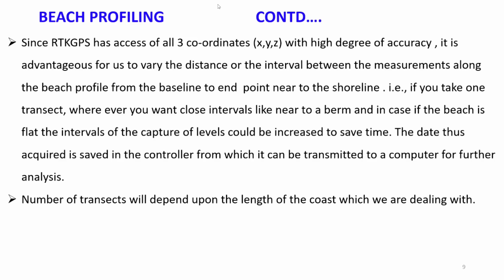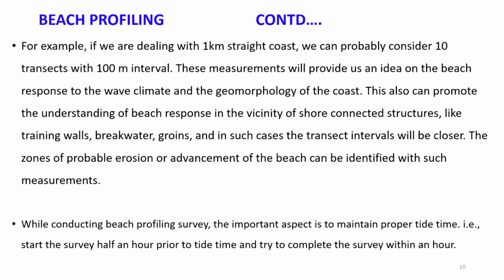The number of transects depend on the length of the coastline which we are dealing with. For example, if you are dealing with say 1 kilometer coastline, it can be about 10 transects, that is 100 meters interval. Sometimes there are some very important projects which may be coming up, and you may be asked to do it at closer intervals so that they get a finer aspect.